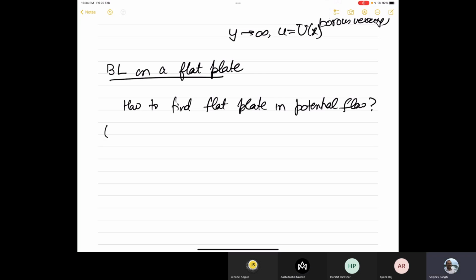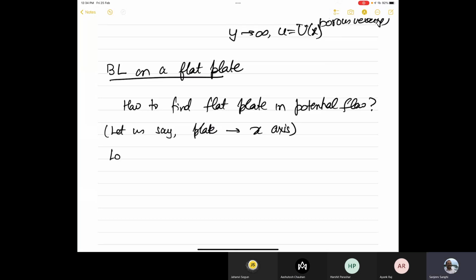So let us say the plate will be represented by the x-axis. So how do we find this?